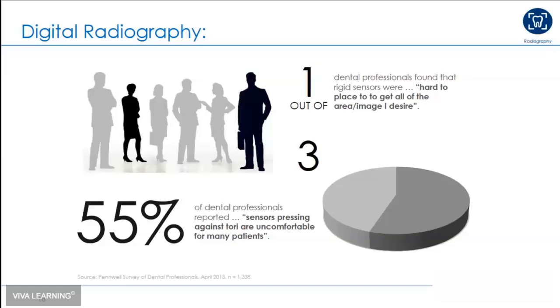But when it comes to trying sensors in my mouth, I tried nearly every one in the marketplace, and they were all uncomfortable. I found it was very gaggy when they were in my mouth, and the reason for that is you've got to put a protective covering over that rigid sensor, a poly bag, a sleeve.